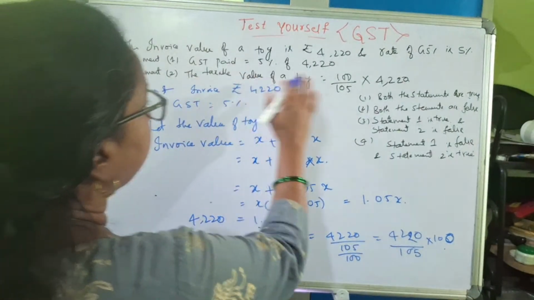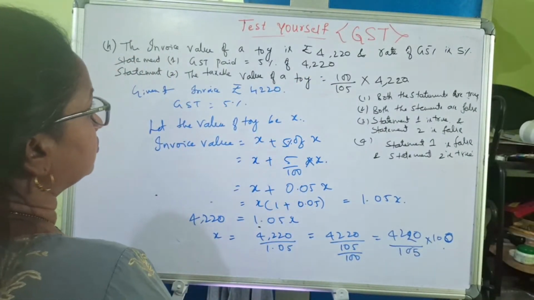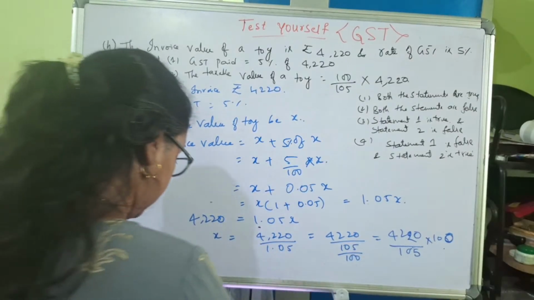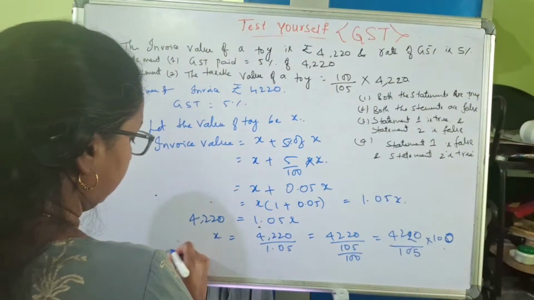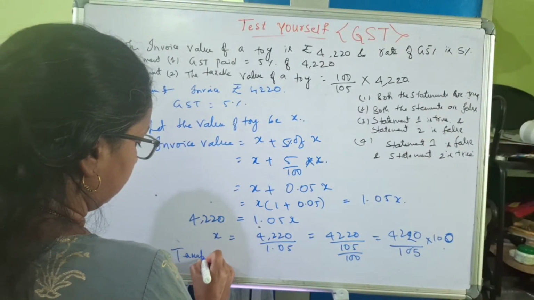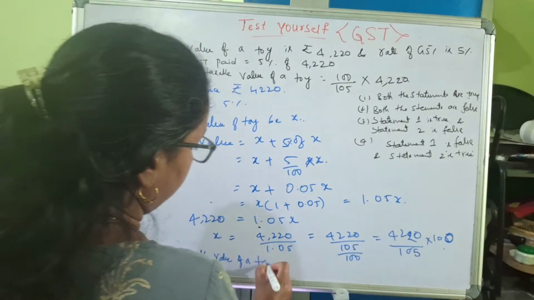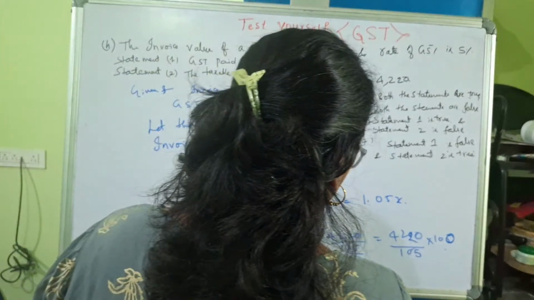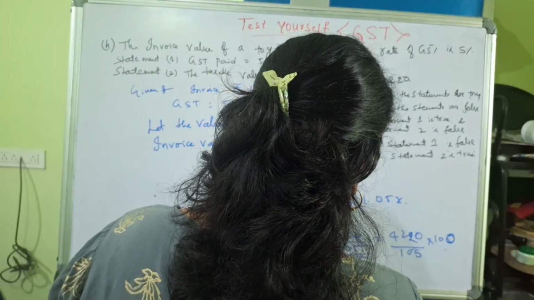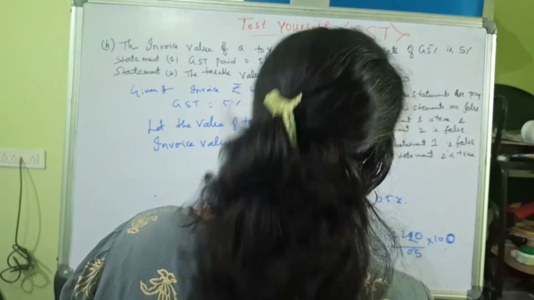Then the taxable value of a toy X is equal to 100 divided by 105 into 4,220.